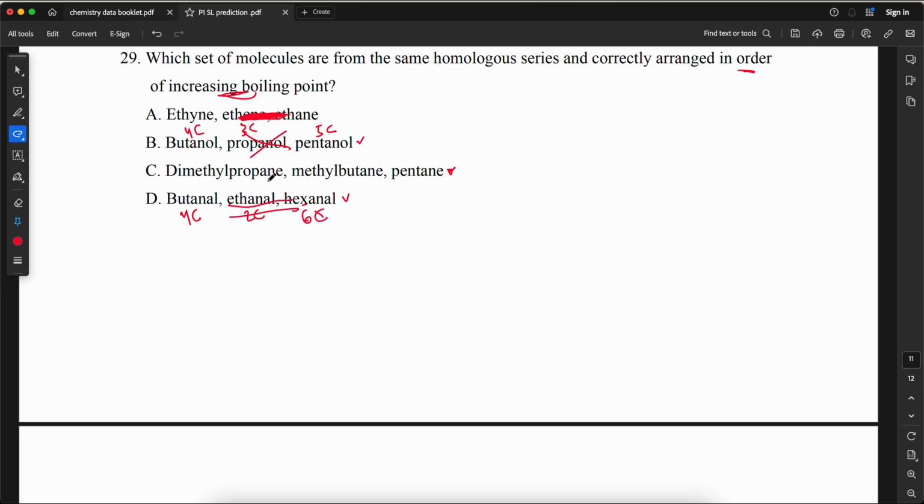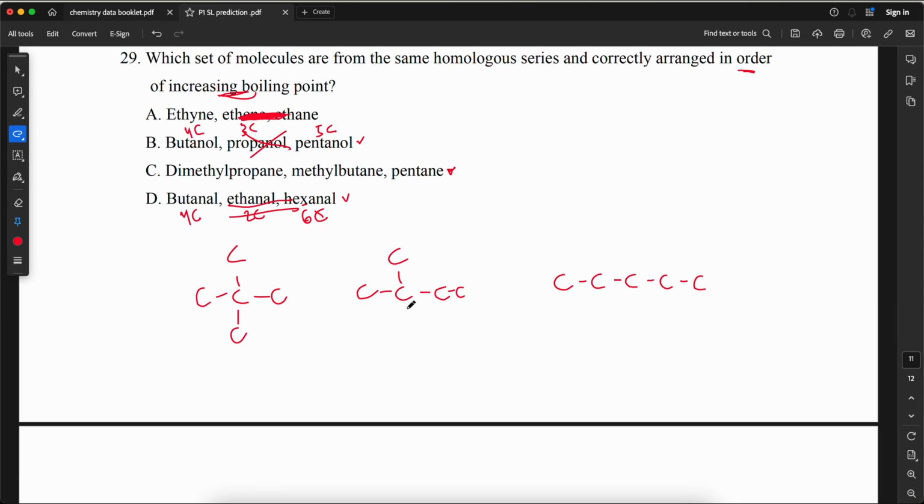But now, dimethylpropane, methylbutane, and pentane. Dimethylpropane, C, C, C, and then C. You can just add CH3, CH3, CH3. And then methylbutane, C, and then C. You can add CH3, CH3, CH2, CH2, CH3, and then pentane, 1, 2, 3, 4, 5.